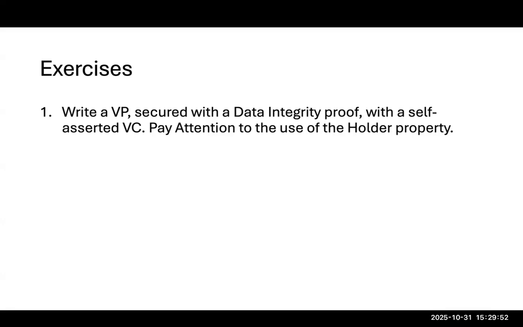So the exercise is asking us to write a VP, secure with a data integrity proof, that wraps and contains a self-asserted verifiable credential. And in doing this exercise, please pay attention to the use of the holder property. So just take a few minutes to sketch your solution, and then we see.